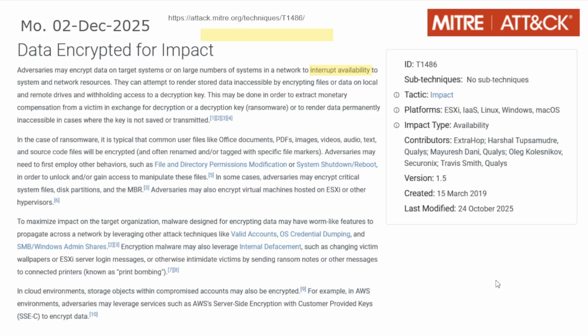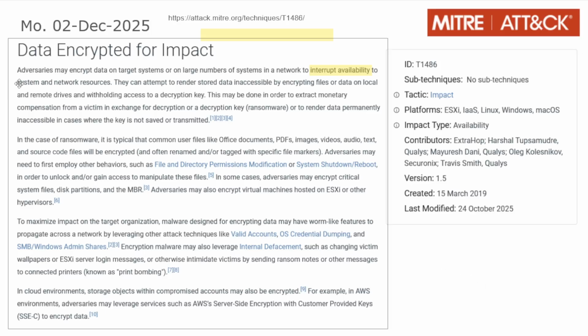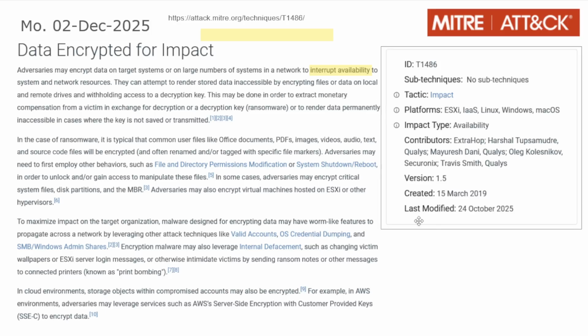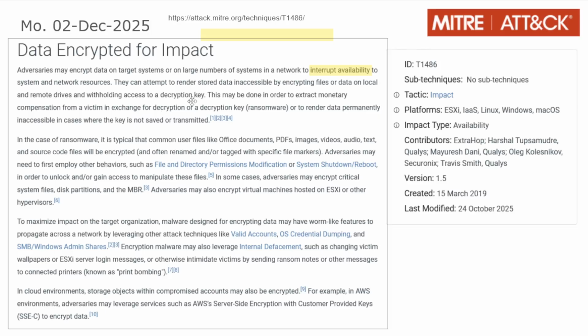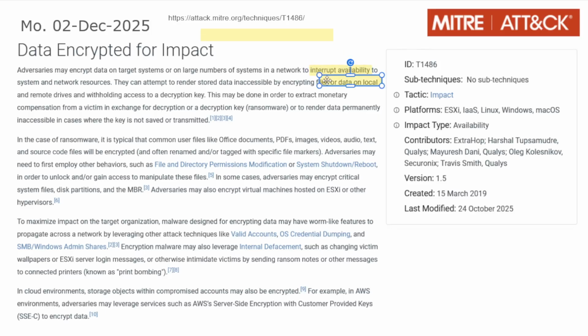Interrupt availability, that's one protection goal, to systems and network resources. They can attempt to render stored data inaccessible by encrypting files or data on local and remote drives and withholding access to a decryption key. Yes, that's what it is.